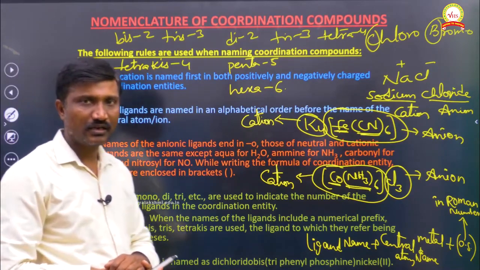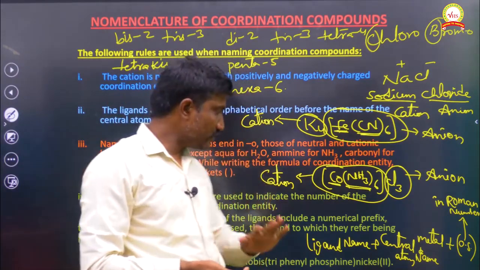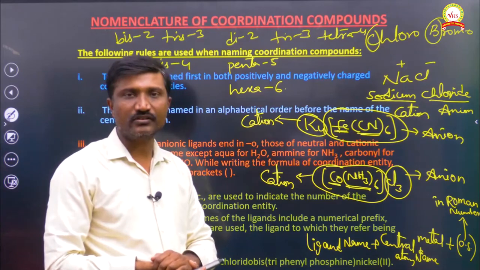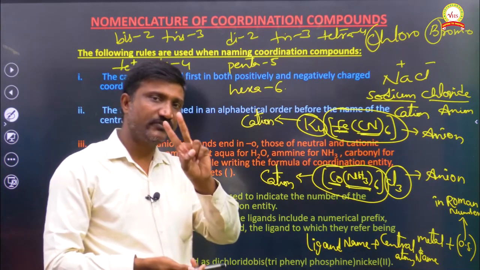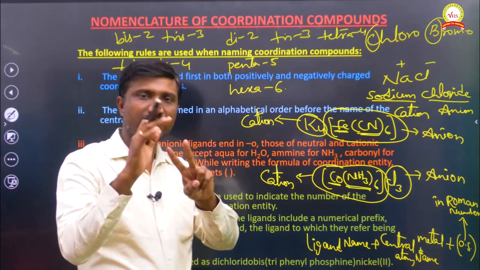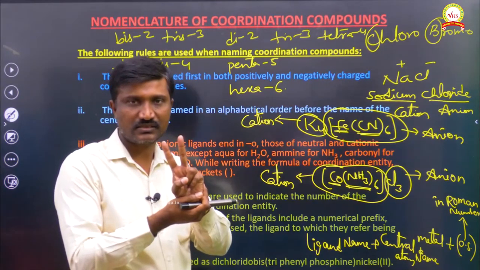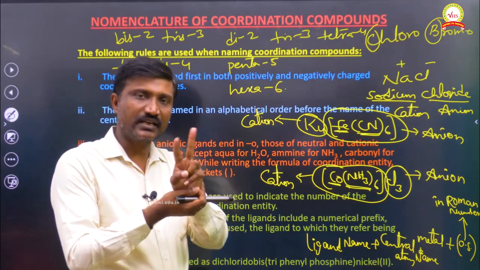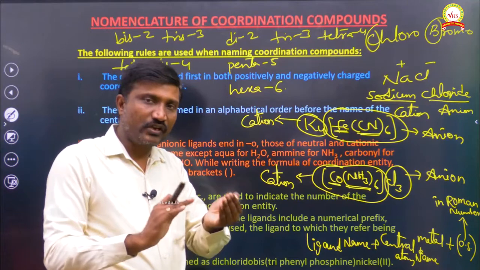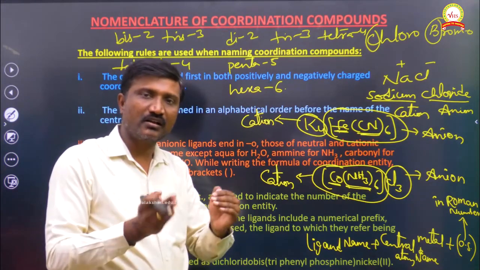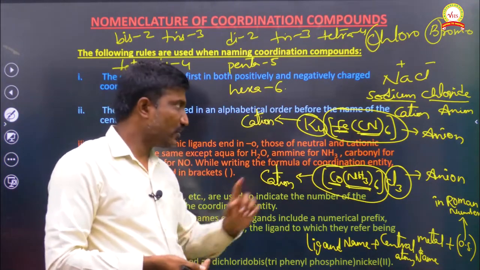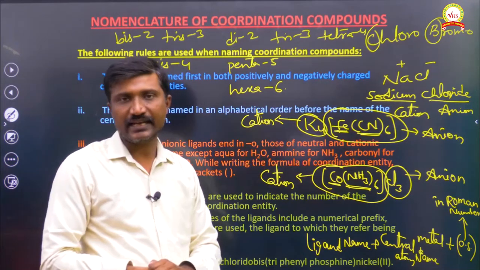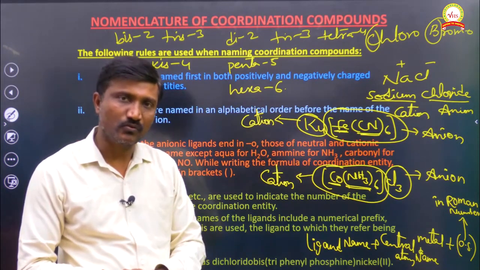Clear? Okay. So these are the rules we have to follow when we write down the ligand name. If 2 different ligands are there, in alphabetical order we have to write down whichever comes first. When writing the ligand name in alphabetical order, we have to indicate the repetition of that ligand number also.